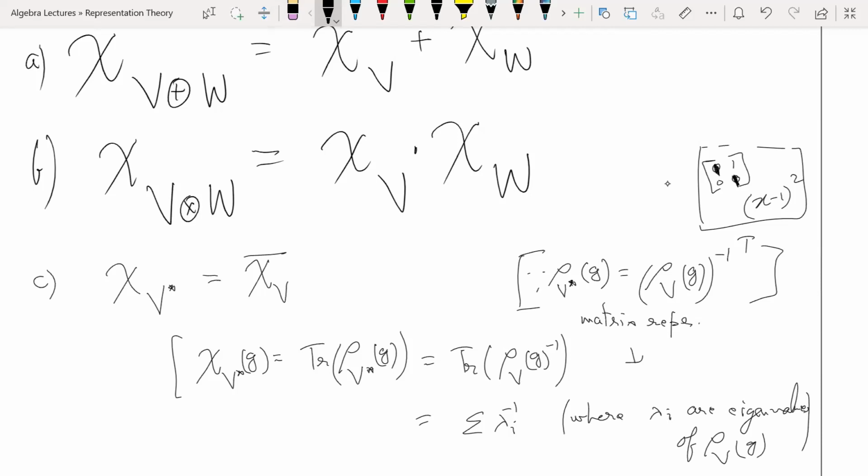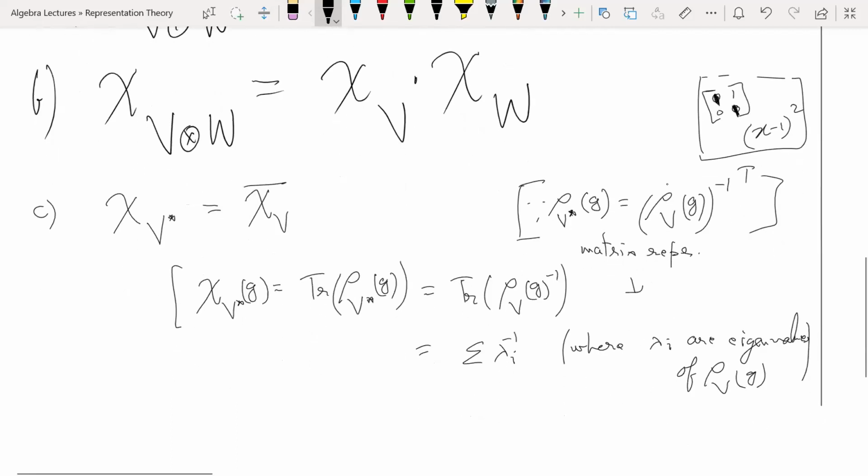So the point is the eigenvalues of rho_V(g) inverse are lambda_i inverse, and lambda_i inverse is the same as lambda_i bar, since the norm of lambda_i is 1.